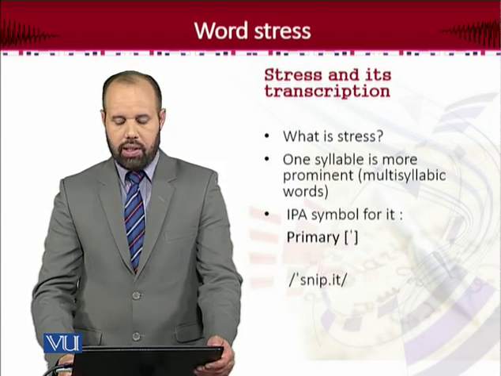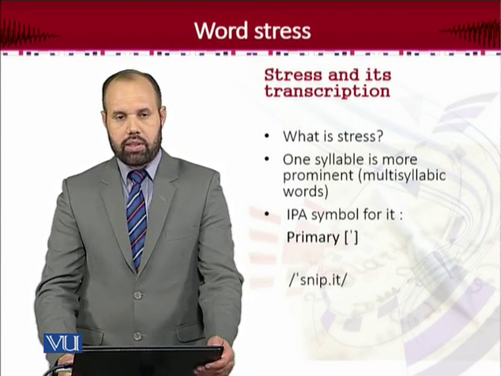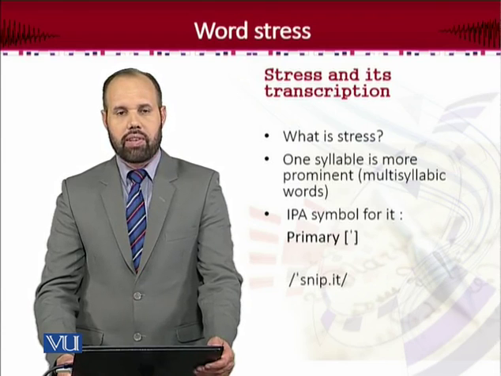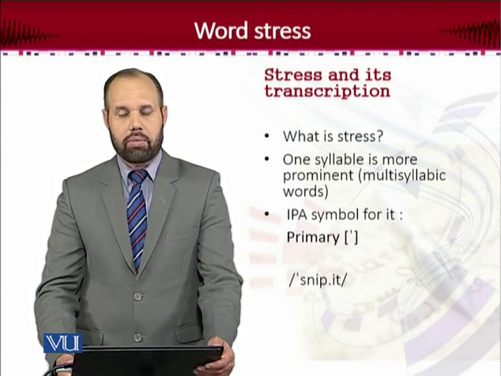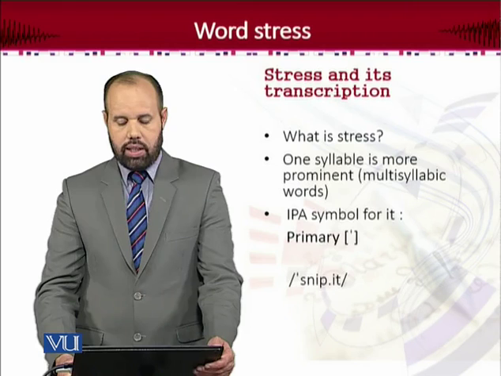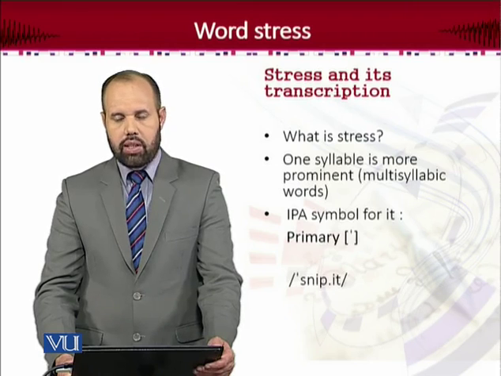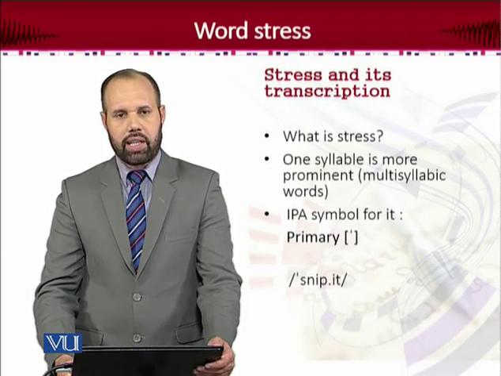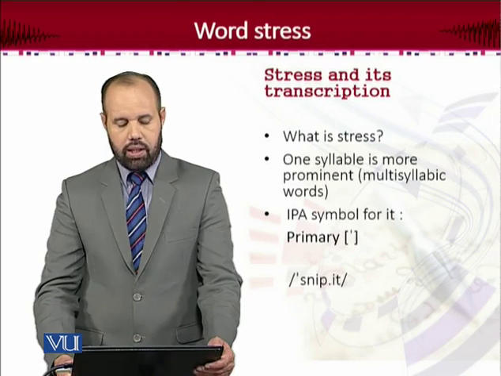And there is an example, like in this word, snippet. It is a bisyllabic word, snip-it. So snip has been stressed. The transcription shows that the first syllable is stressed, because the stress symbol is placed above the first syllable in the beginning. So that's the way to realize stress.